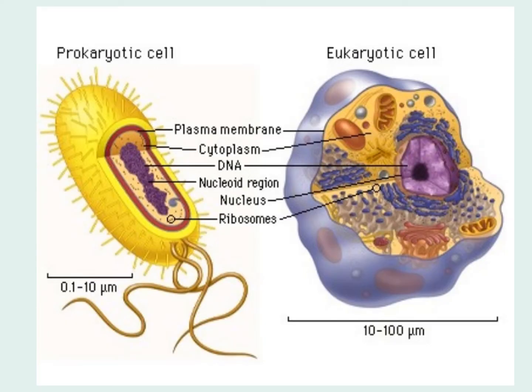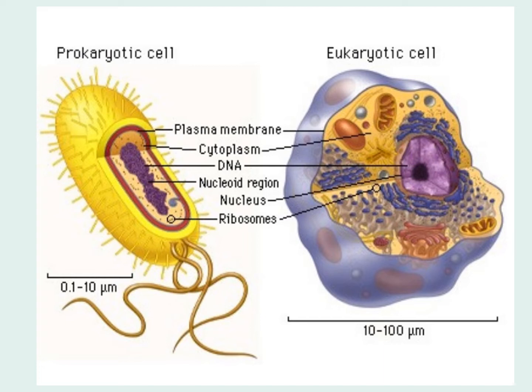Okay, so we saw a picture similar to this in a previous slide, but we've got now a prokaryotic cell and a eukaryotic cell. And the reason why these pictures are here is to show that they both contain genetic information, because genetic information is very important because you need it in order to make new cells.